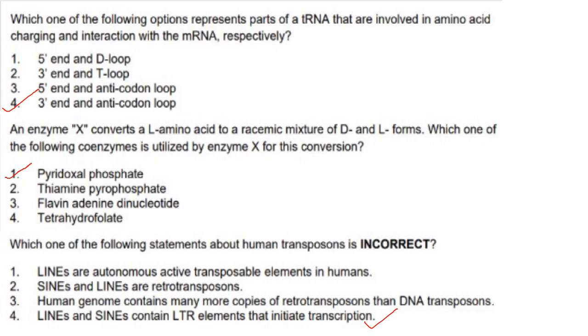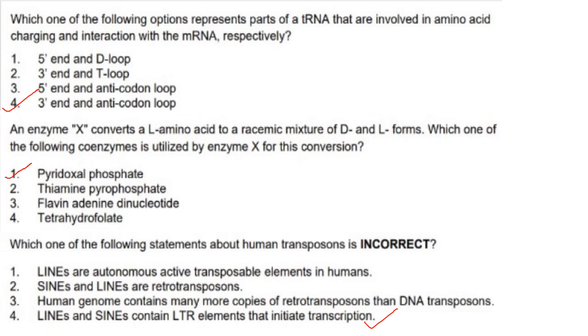Then next one. Which of the following statements about human transposons is incorrect? LINEs are autonomous active transposable elements in humans. That is correct. SINEs and LINEs are retrotransposons. That is also correct. The human genome contains many more copies of retrotransposons than DNA transposons. That is also correct.